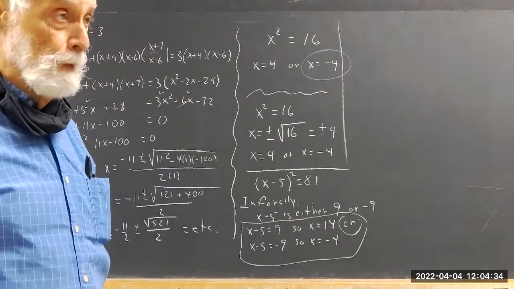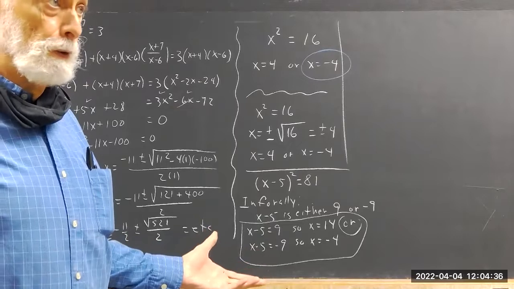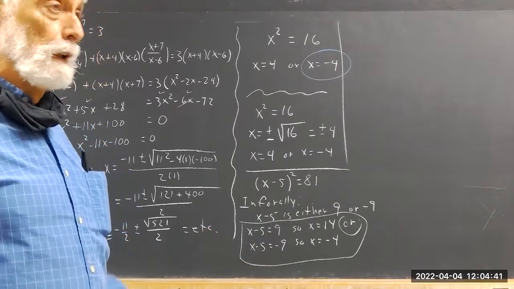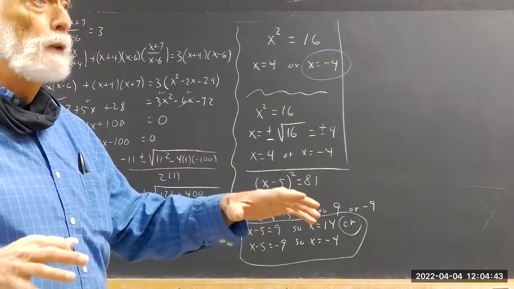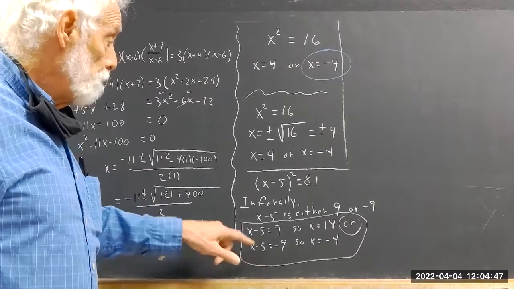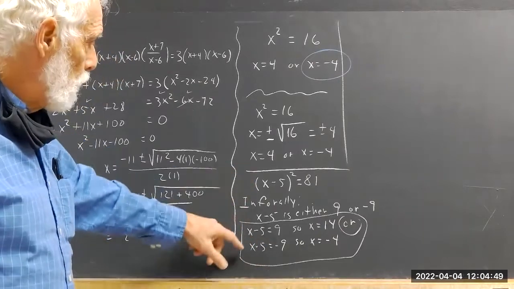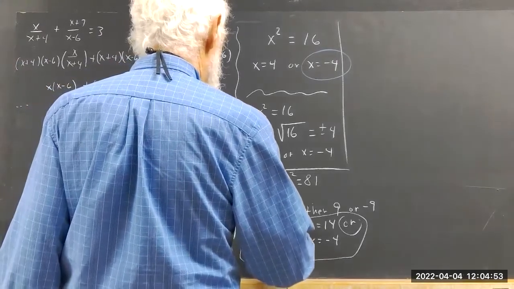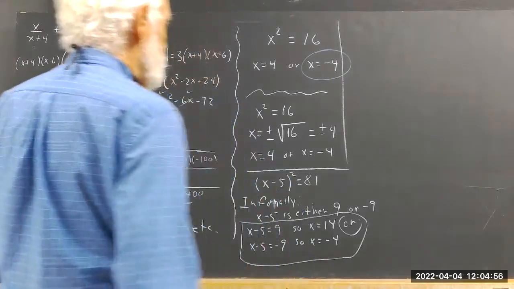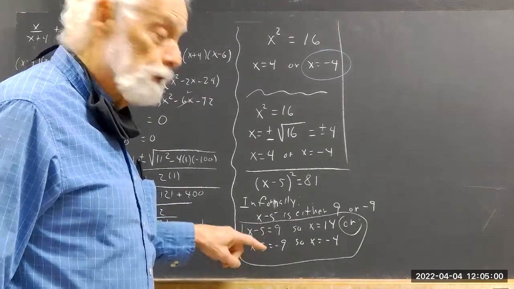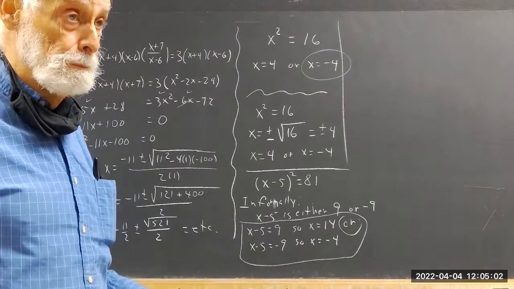Much like absolute value equations, which we did earlier. With absolute value equations, I have a lot of trouble getting people to split it into 2 equations. It's very similar here. So that's the informal way. Either x minus 5 is 9 or x minus 5 is negative 9.